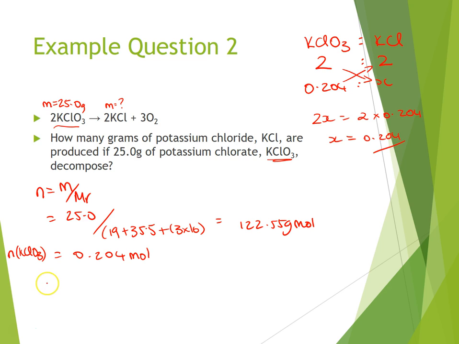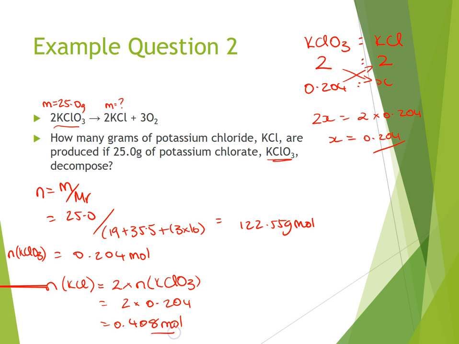So the n of KCl, which is what I was looking for, is equal to 2 times n of KClO3, which is going to be 2 times 0.204, so 0.408 mole.